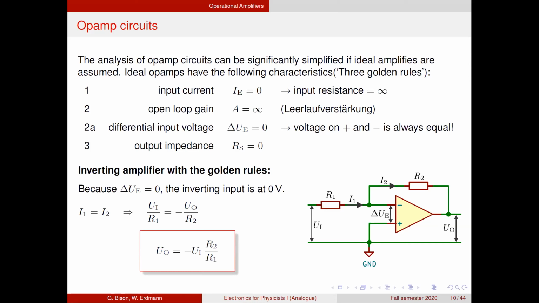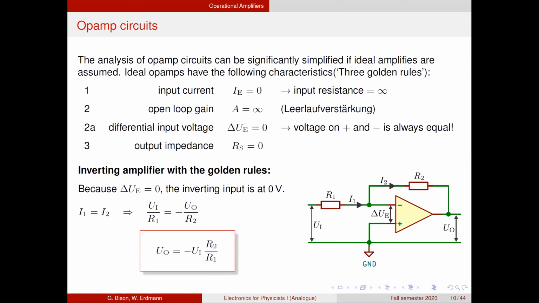All of those conditions are not true for real op-amps. And if you now go to an electronics company, they offer maybe several thousand different op-amps. Basically, the art of choosing an op-amp is how close to an ideal amplifier you want to be in one or another property of the amplifier.